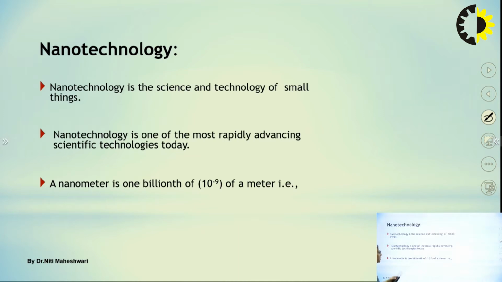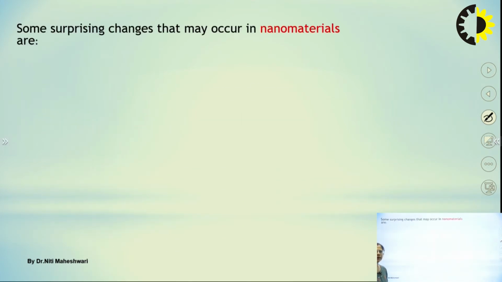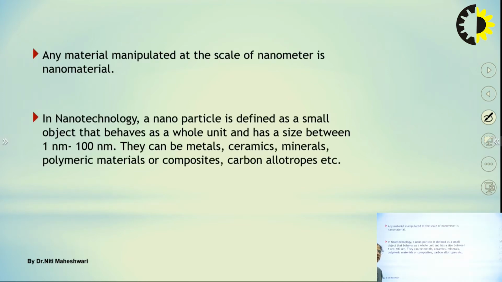So, nanotechnology is the science and technology of small things. And this nanotechnology is one of the most rapidly advancing scientific technologies today. As you can see, a nanometer is 1 billionth of a meter. That is, 1 nanometer is equal to 10 to the power minus 9 meter. Next, any material that can be manipulated at the scale of a nanometer is known as nanomaterial.